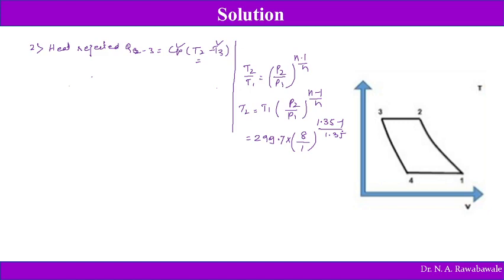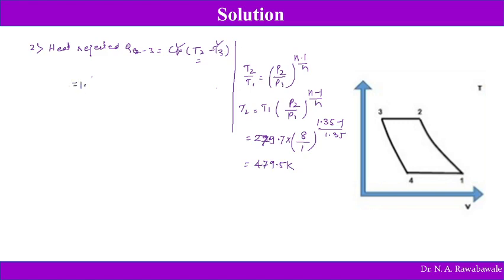So this is 279.7 into 8 to the power of that, which gives 479.5 Kelvin.